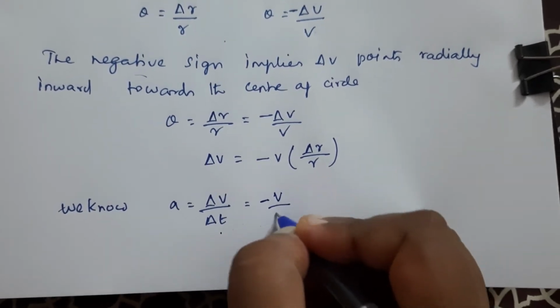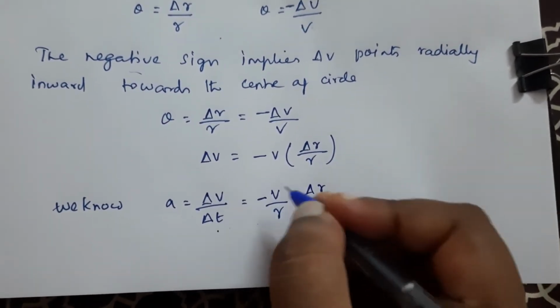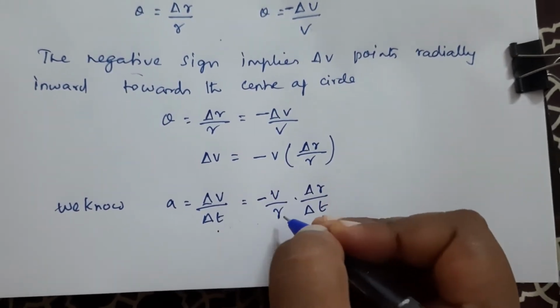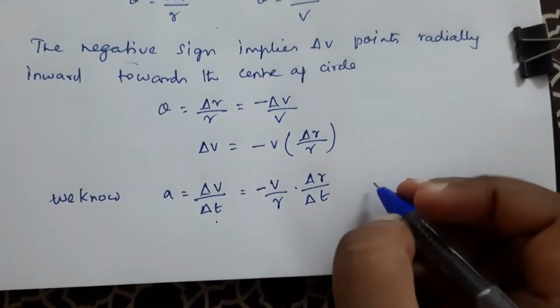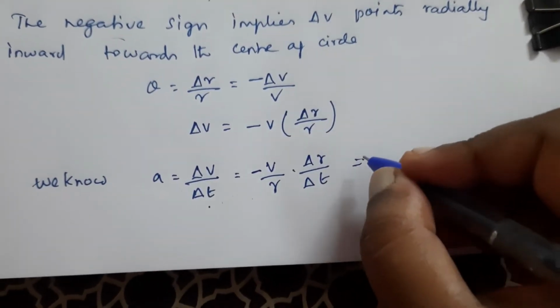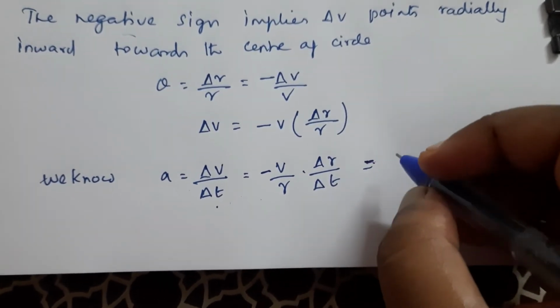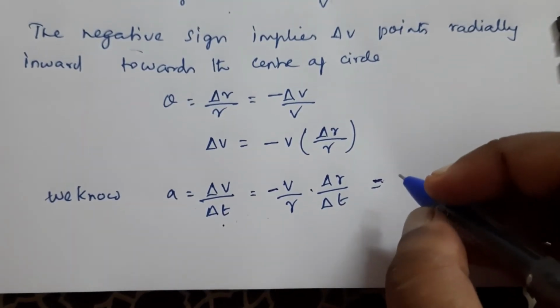Which is equal to minus v by r into delta r by delta t, substituting for delta v. What is delta r by delta t? Delta r by delta t is velocity v.